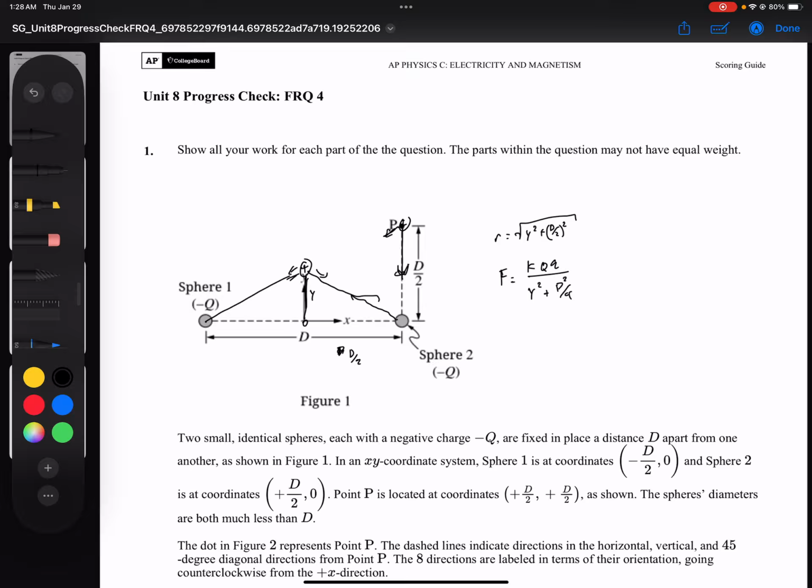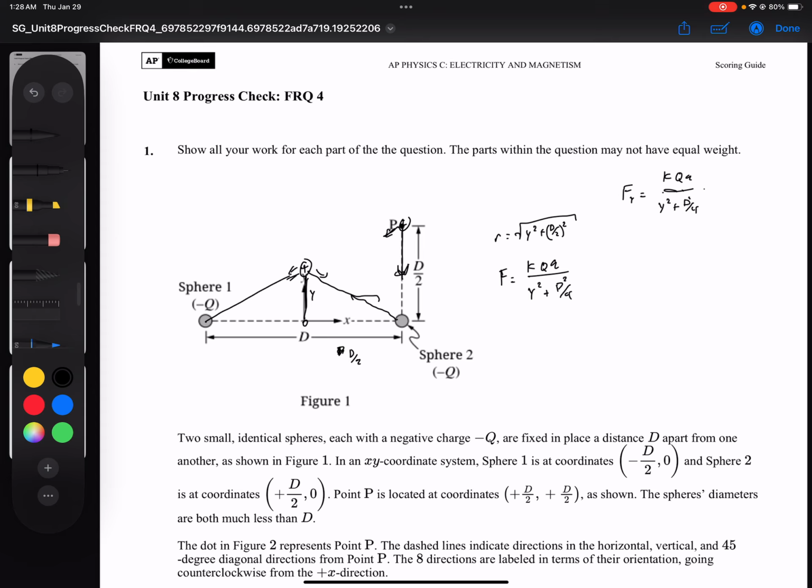And then we're going to do the vector sum, and that's going to be this component here. So we have our sum in the y direction, right? So k q over r squared, where r squared is this value here. I'm writing it separately so we signal that it's the vertical component.